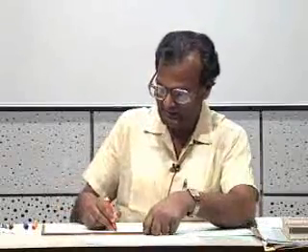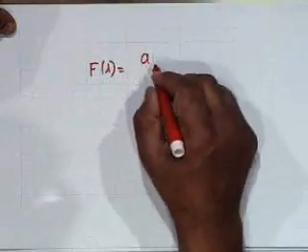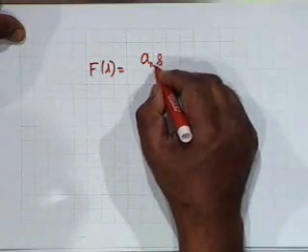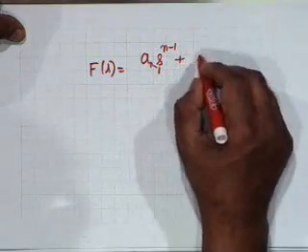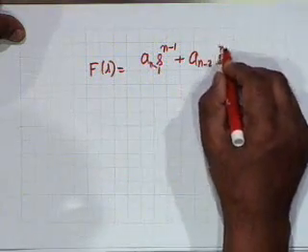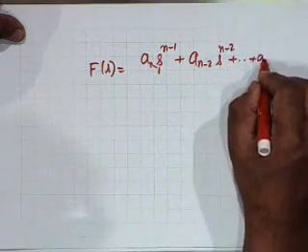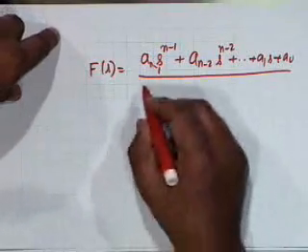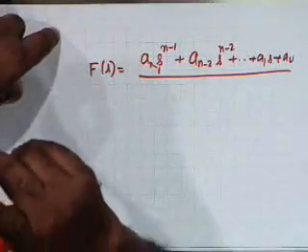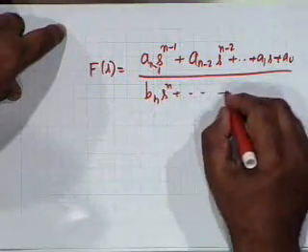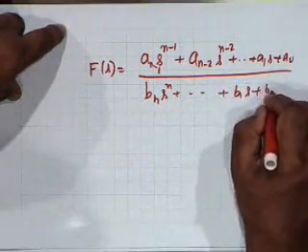Suppose we have an f of s which is a n minus 1, s to the n minus 1, plus a n minus 2, s to the n minus 2, etc. plus a1 s plus a0. Let us say this is the numerator and the denominator is 1 degree higher. So, we have bn s to the n plus etc. plus b1 s plus b0.